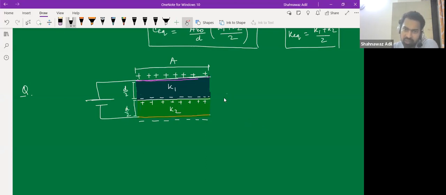So the equivalent diagram: this is C1, this is C2, so the equivalent diagram would be this and this. Right, so this negative one is connected to the positive one. This negative one is connected to the positive one.